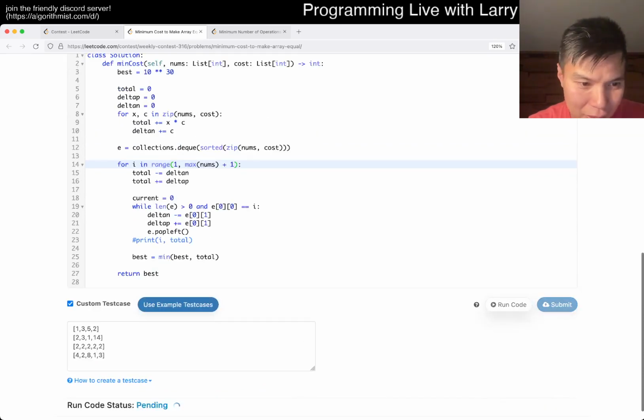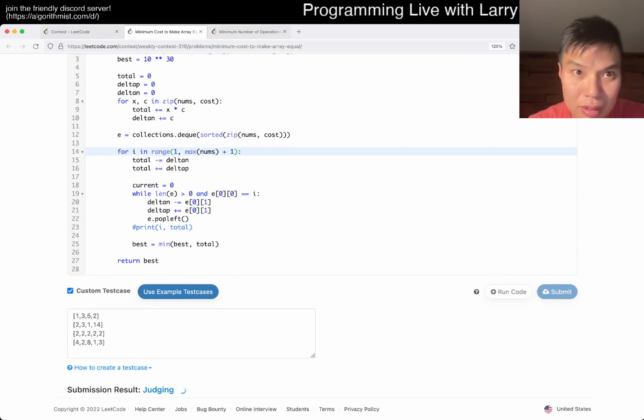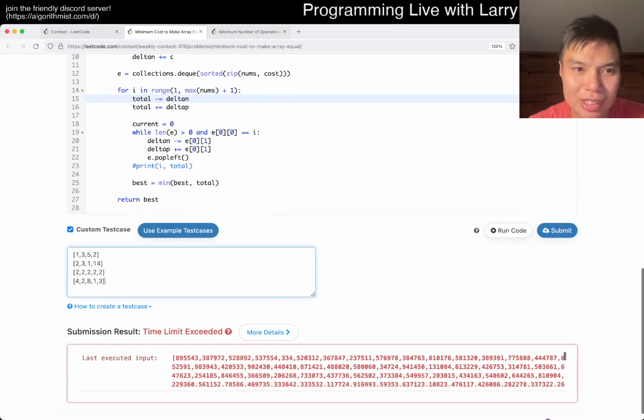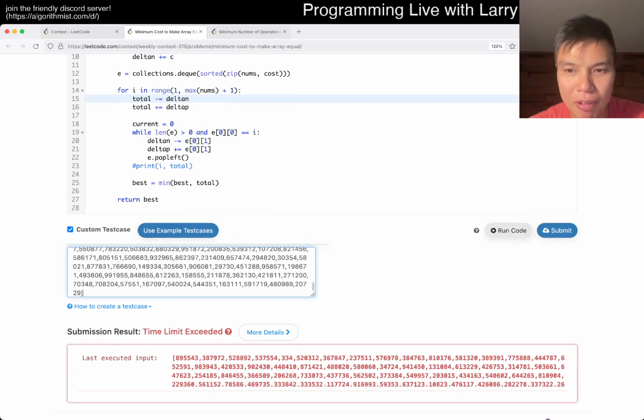Okay, let's actually run it real quick first, and then let's give it a submit. I don't know if I overcomplicated this, but it's only linear in n. But then this one may be slow. Oh, come on. See, that's what I mean by LeetCode, right? Because this only takes like 1,000,000 operations.